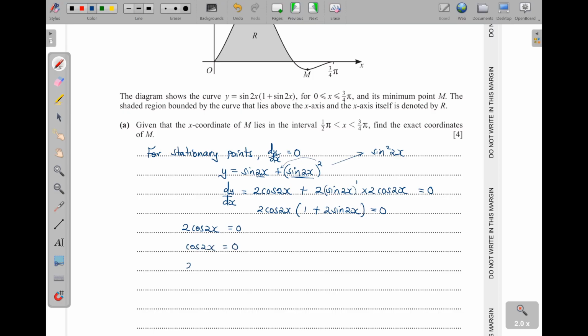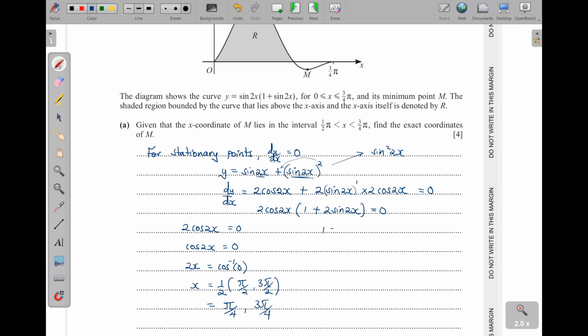If you divide through by 2, then 2x is the arc cos of 0, and x is a half of that. Arc cos of 0 is 90, which is pi over 2, and then we also have 270, that is 3 pi over 2. So the answers we have here are pi over 4 and 3 pi over 4.